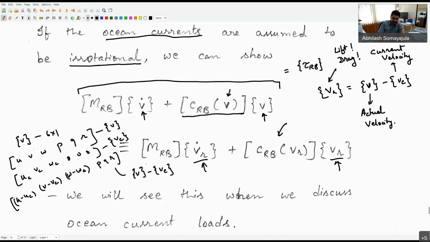Now, if my CRB matrix was in such a representation that the linear part of the velocity actually does not appear in the CRB, then whether I choose this vector or this vector, my value of CRB will come out to be the same, isn't it?